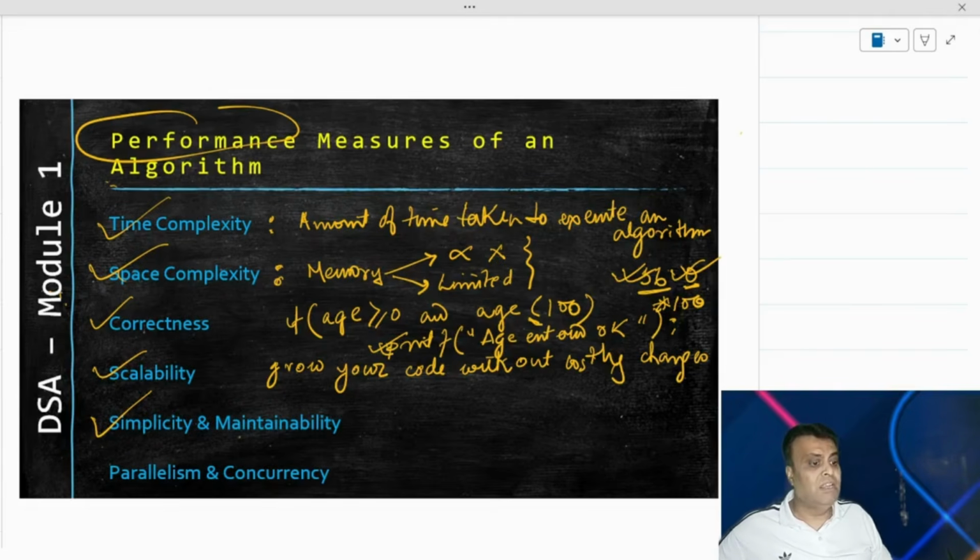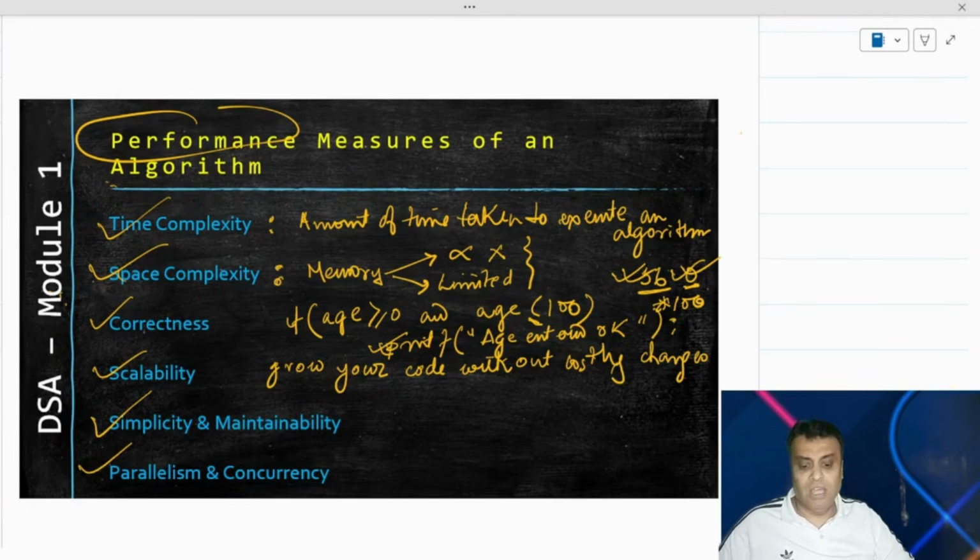So simplicity and maintainability, if an algorithm doesn't provide, then the performance of an algorithm, the marks that it will get from a performance standpoint will be low as far as this particular parameter is concerned. Then we have the parallelism and concurrency. And this is more to do with using multiple cores in terms of the hardware processing, where I can actually create threads.